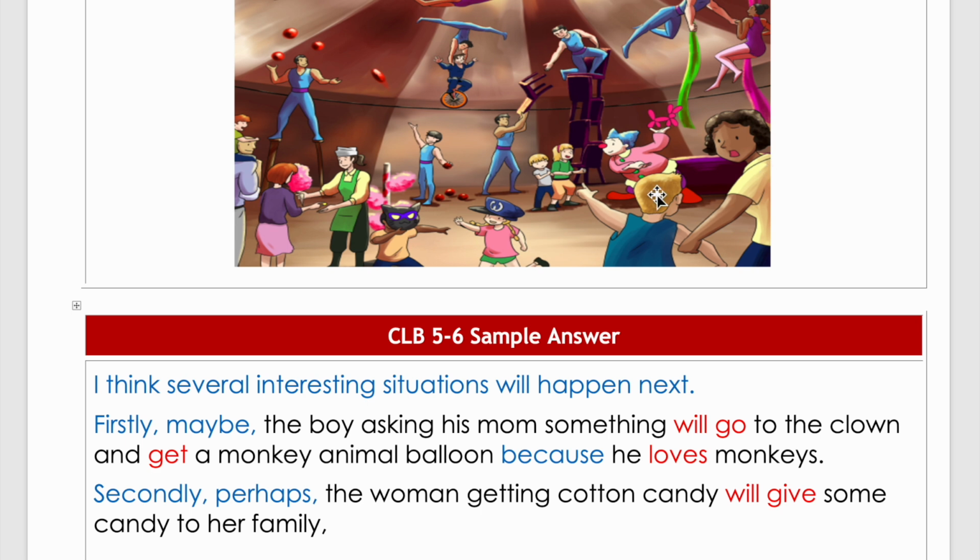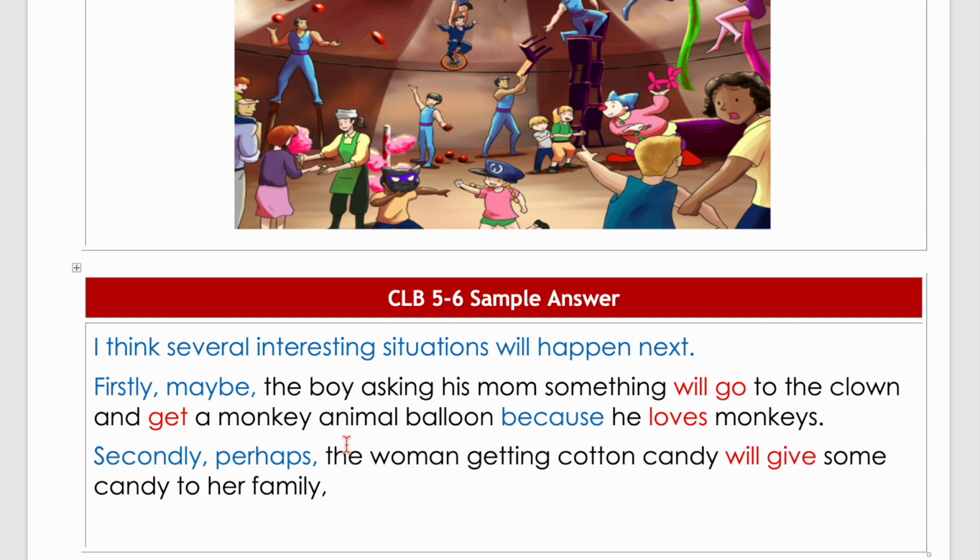The woman getting cotton candy. Oh, this one here. Okay. So, what will happen? We'll give some candy to her family. Okay, so this is her probably husband and child. So, she will give some cotton candy to her family.